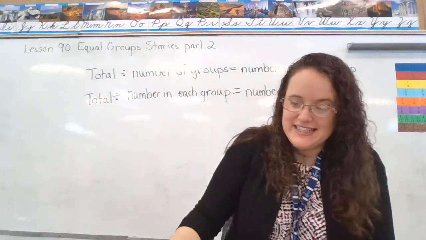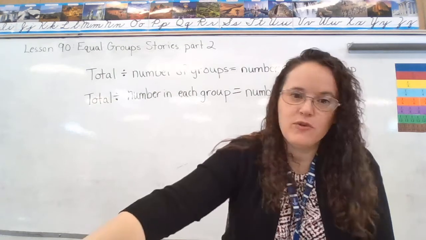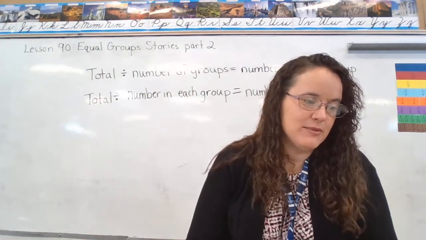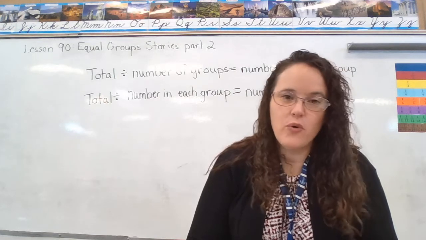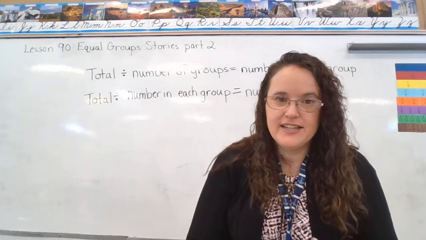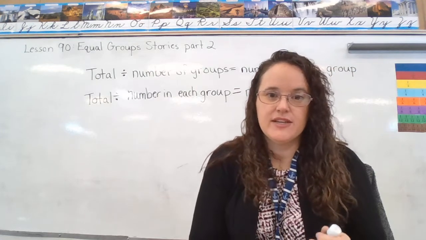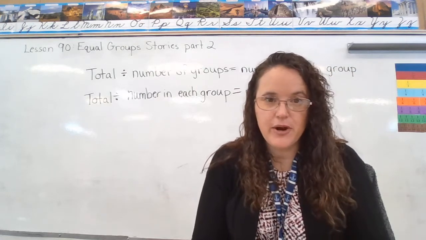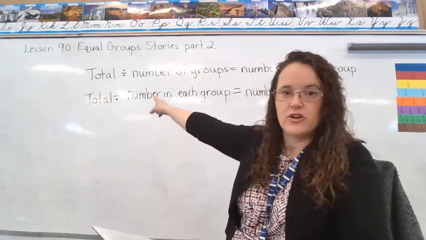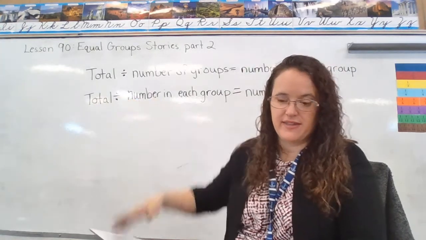All right, our next example says 24 people are coming to a party. They will sit at tables that will seat 4 people. How many tables will be needed to seat them all? So, how many people are coming to the party? 24. That's our total, the number that we start with.